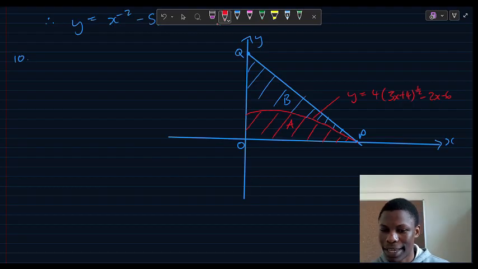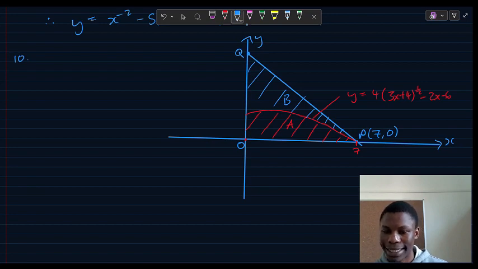For values of x such that x is between 0 and 7. So 0 is there, so this has to be 7. The tangent to the curve at the point P with coordinate 7, 0 meets the y-axis at the point Q.